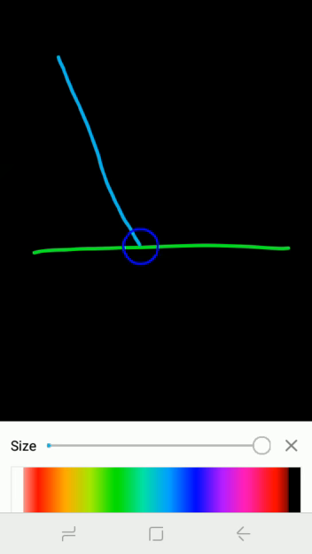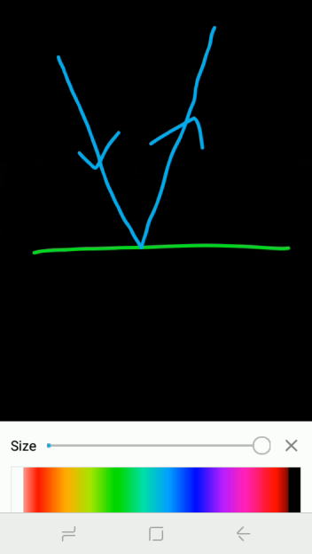Suppose that this is a smooth surface, a very smooth surface. Now light is striking over here and it will get bounced back, so there is a reflection. But we can conclude that the reflection is on a smooth surface, so that type of reflection is called regular reflection.